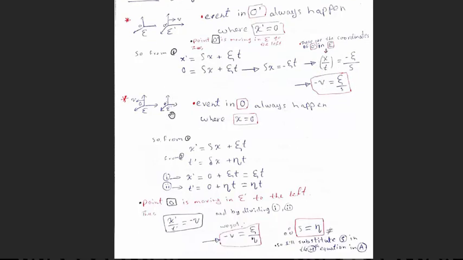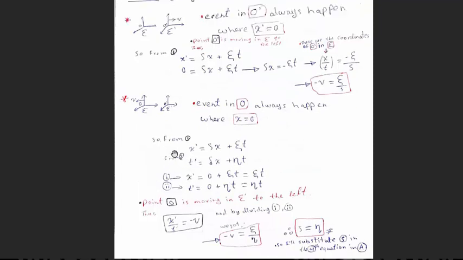So to the second case, when an event is happening in O, which is the origin of frame sigma, it always happens where x equals 0, because we are also in the origin. So this means the event has x equals 0 because we are in the origin.